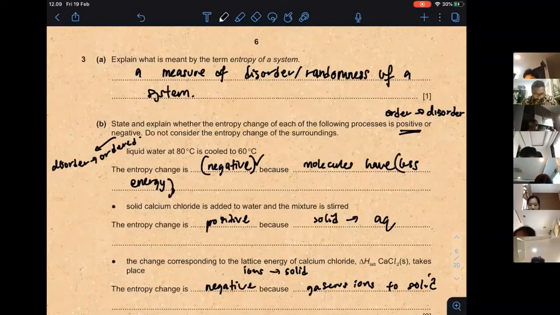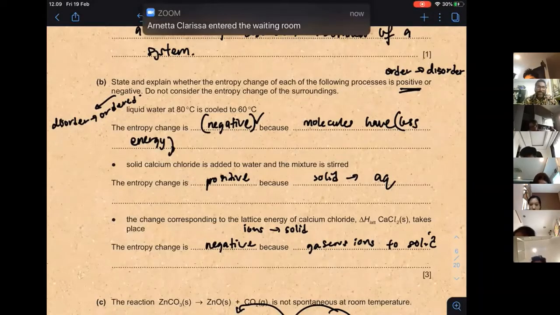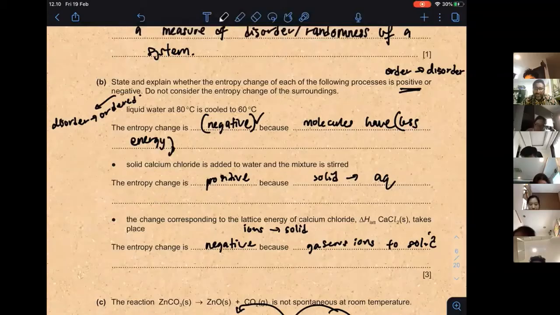Now, the next is the solid calcium chloride is added to water and the mixture is stirred. When you add this solid and then you stir them, what happens? They dissolve. When they dissolve, basically they are going to become more random, because solid is very regular. When they are mixed with water, they are going to be more random.